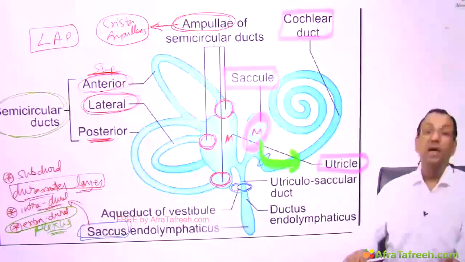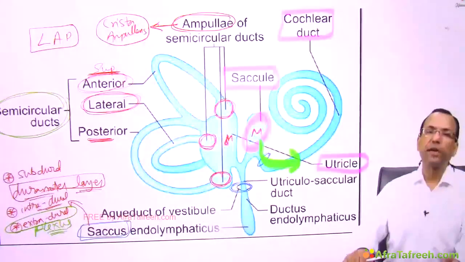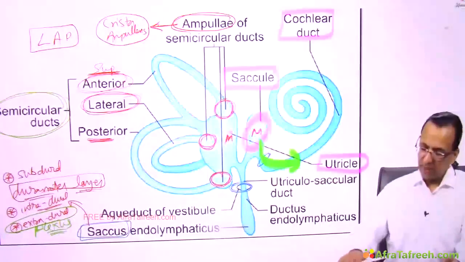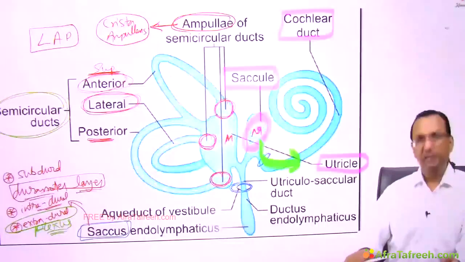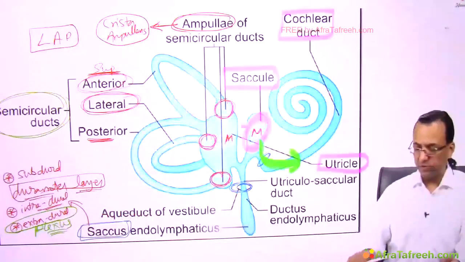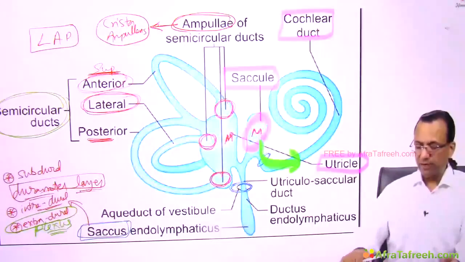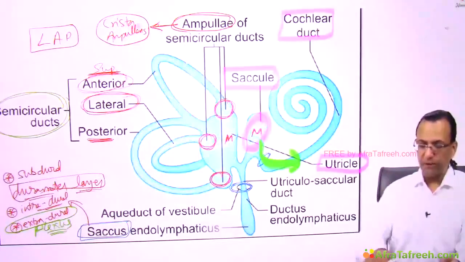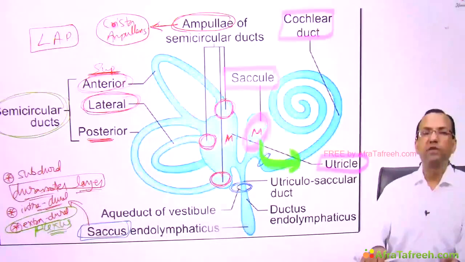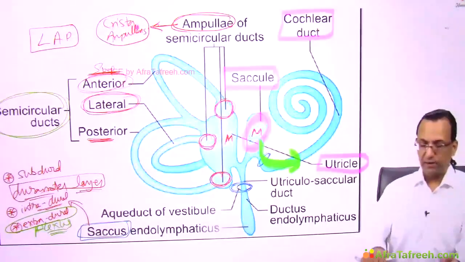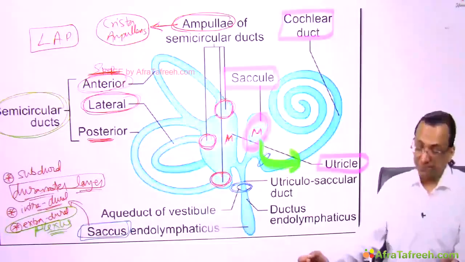Yes, actually macula is the receptor for static balance, and that will be in the utricle and saccule, means bony vestibule. Yeah, bony vestibule, but membranous is utricle, saccule. They will have the macula. Macula is the receptor for static balance. And what is the crista ampullaris? In the ampulla of the semicircular canal, that is for angular balance. This is some information we needed.